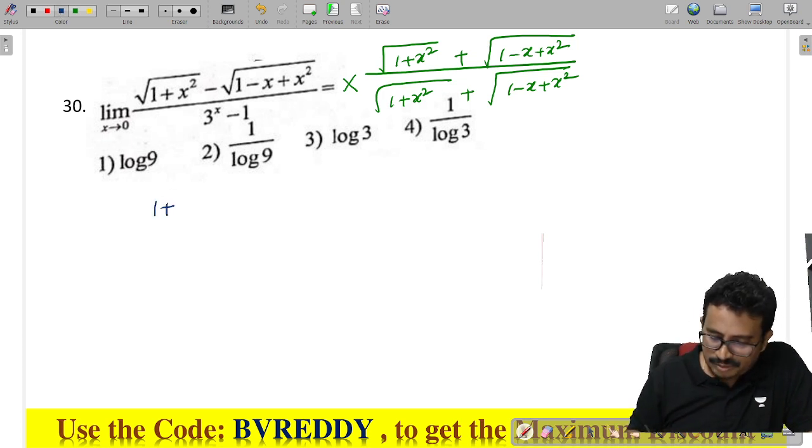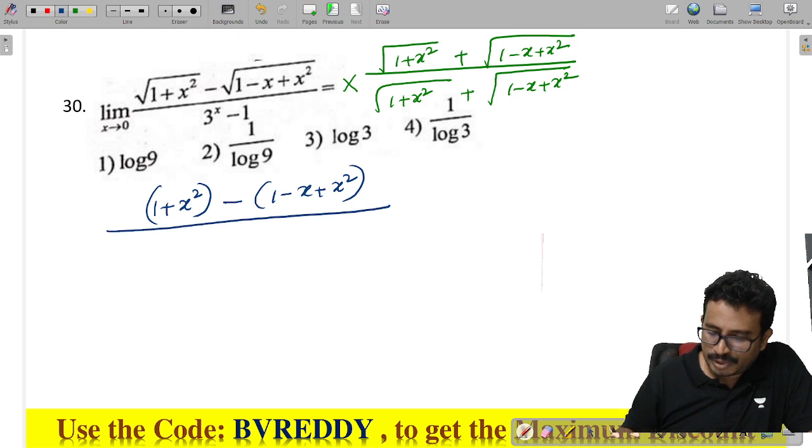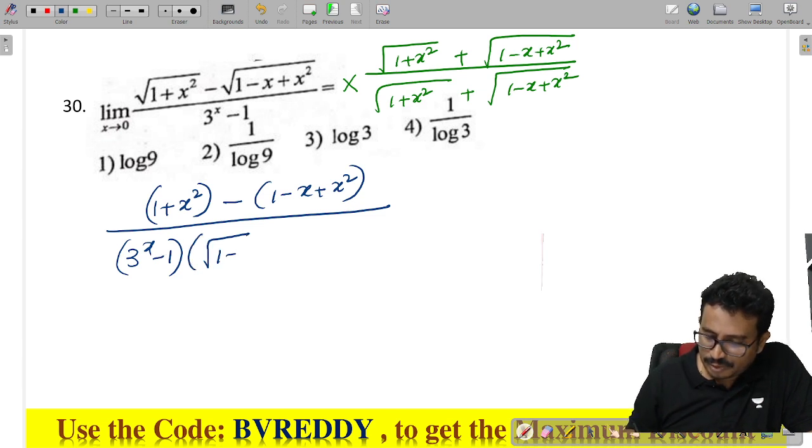Now what do I get in the numerator? 1 plus x square minus 1 minus x plus x square, divided by 3x minus 1, into square root of 1 plus x square plus square root of 1 minus x plus x square.